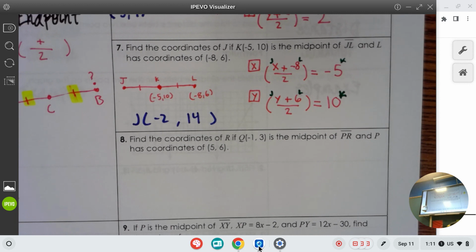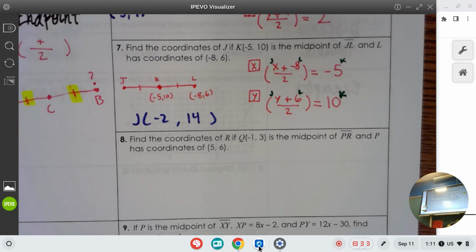Okay. So what we're thinking about is the midpoint formula: add them up, divide by 2. In these questions, we get to find out what the midpoint is, or we get to find out what the endpoint is. That's why we set these up as letters instead of calculating numbers.